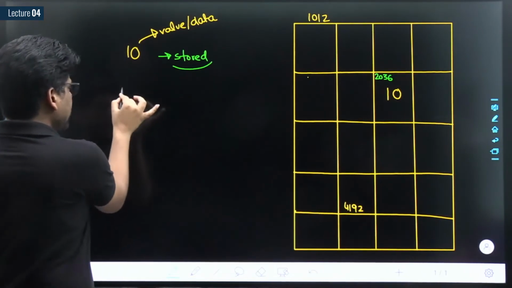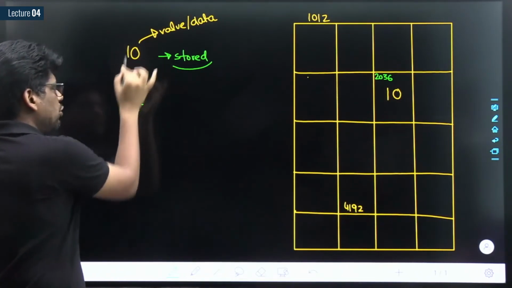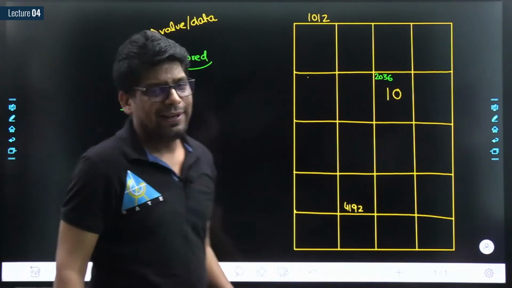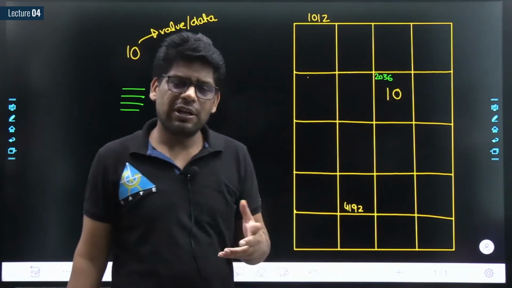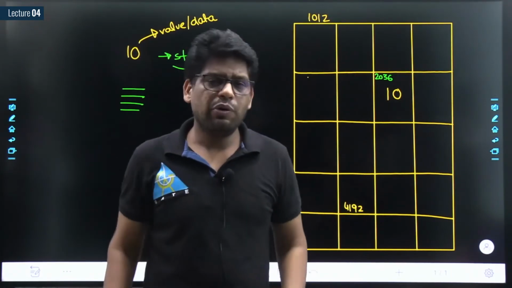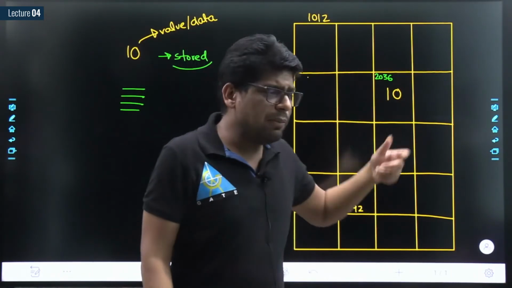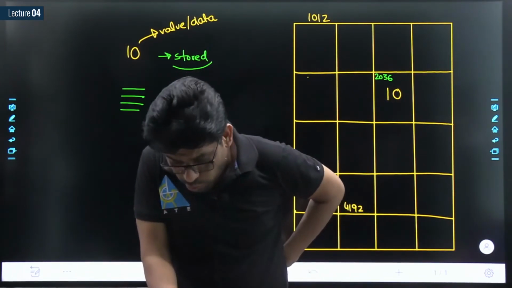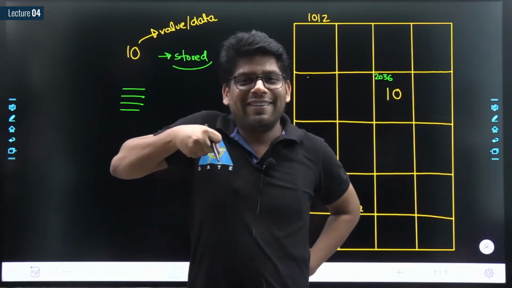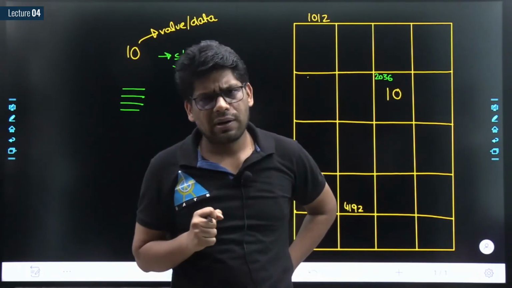Later on, I need to access this value 10. Is it possible to access? No, sir. Why? Because we don't have any way to access this memory. You cannot open the memory physically and see, oh, 10 is there, let us pick it. Is it possible? No, sir.